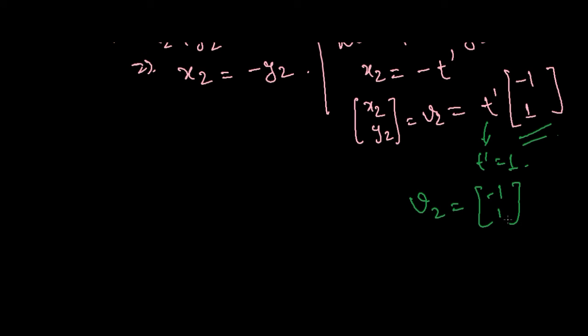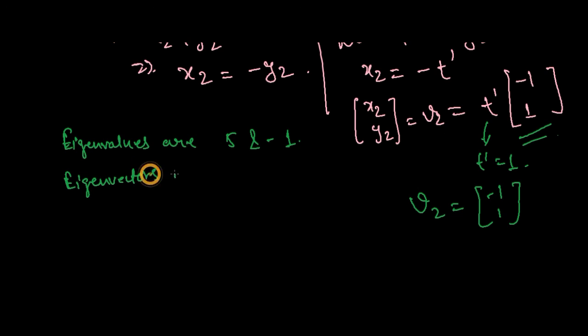Okay, so let's make a conclusion here. Eigenvalues are 5 and minus 1, and the corresponding eigenvectors are (1 by 2, 1) corresponding to 5, and (minus 1, 1) corresponding to minus 1.